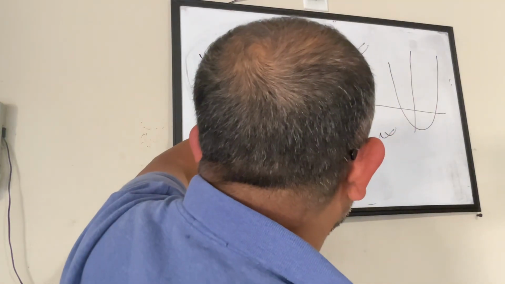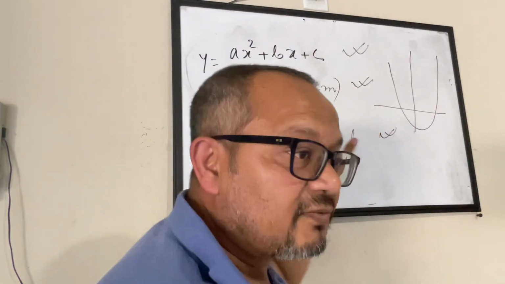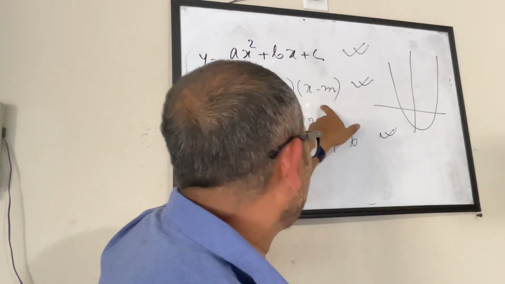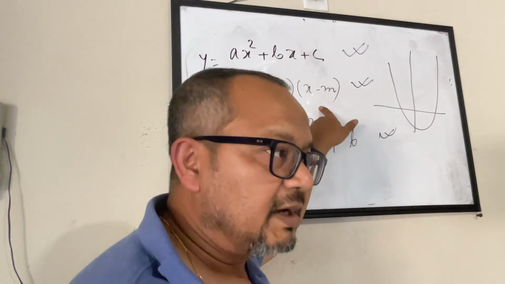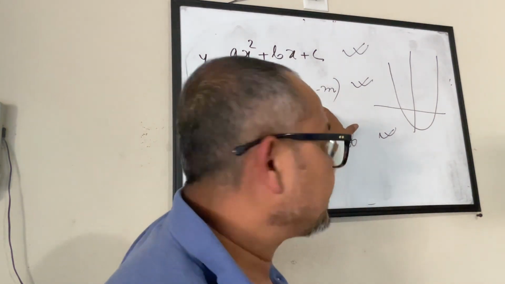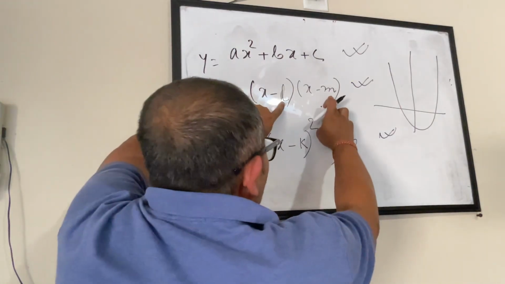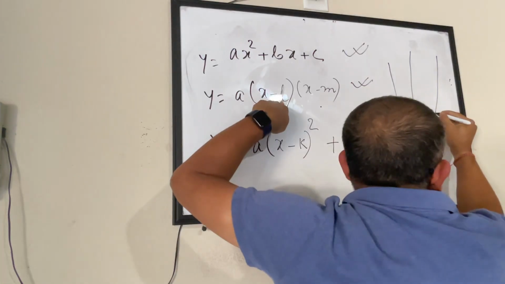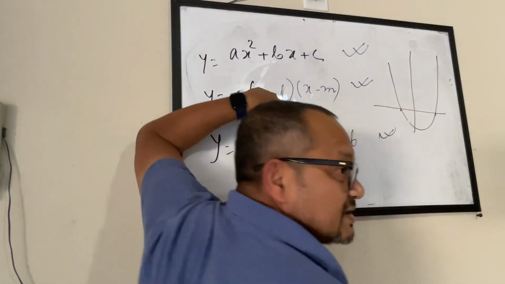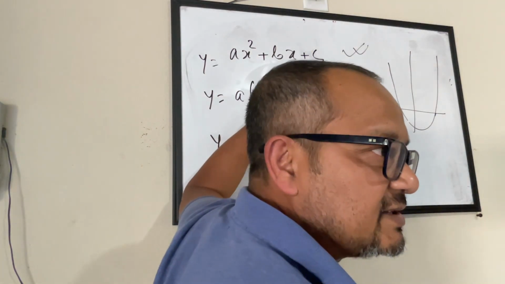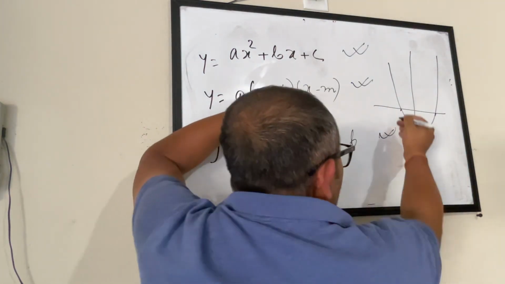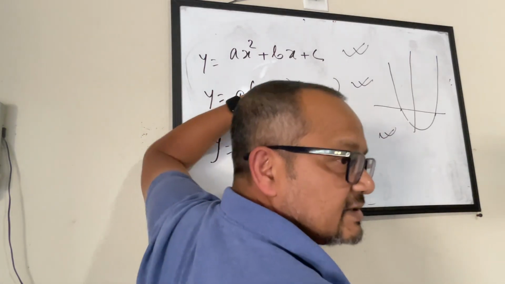Now, if you are able to convert your quadratic equation to this factor form, L and M are the two coordinates where the parabola intercepts the x-axis.